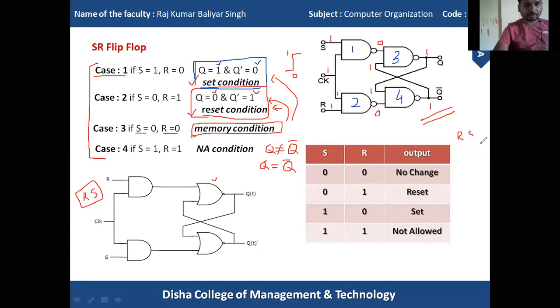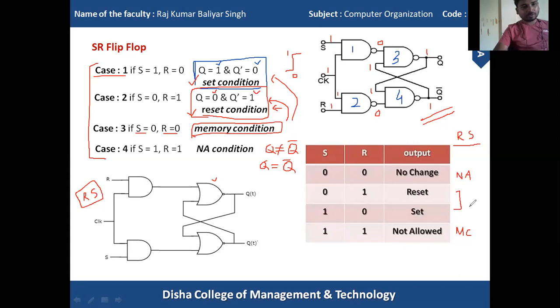For an RS flip-flop, when R equals 0 and S equals 0, that is called the memory state or memory condition, and both outputs remain constant. Either we get the set condition or reset condition.